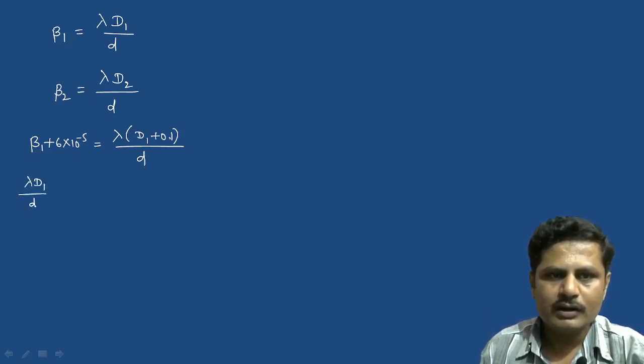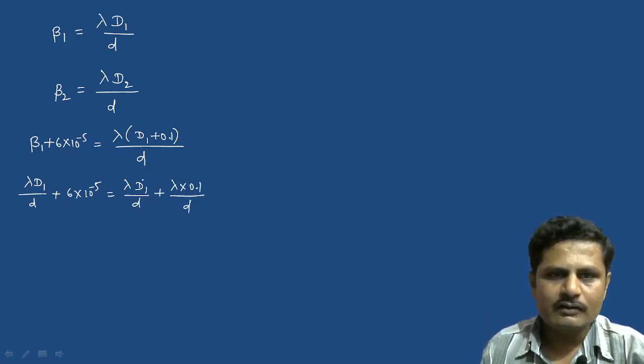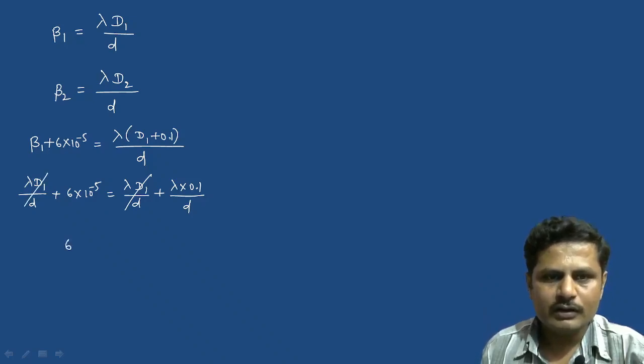Now beta 1 equals lambda d1 divided by d, plus 6 into 10 raised to minus 5. This equals lambda d1 divided by d plus lambda into 0.1 divided by d. The lambda d1 divided by d terms on both sides cancel. Now we get only 6 into 10 raised to minus 5 equals lambda into 0.1 divided by d.